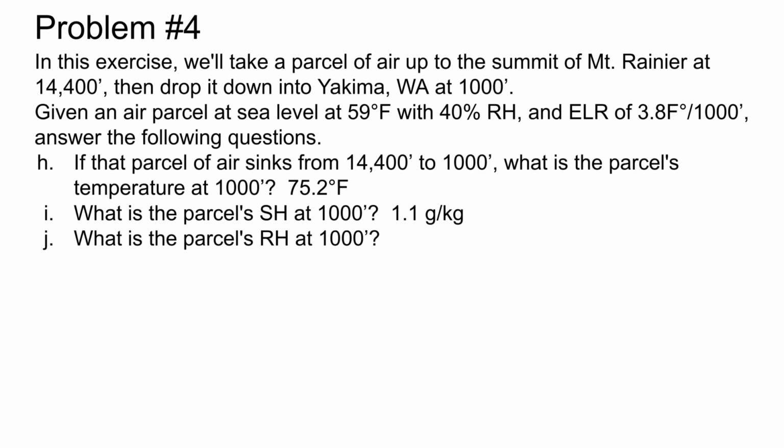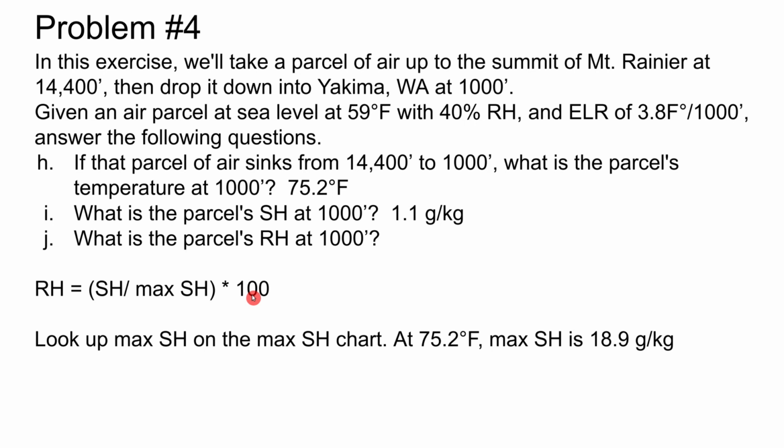The parcel's relative humidity. Okay, so the specific humidity didn't change, but the temperature has changed. Because the temperature changed, the relative humidity changed. So the formula equals specific humidity divided by the maximum specific humidity times 100. We look up the max on the chart.